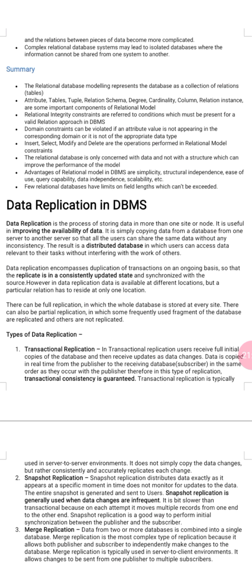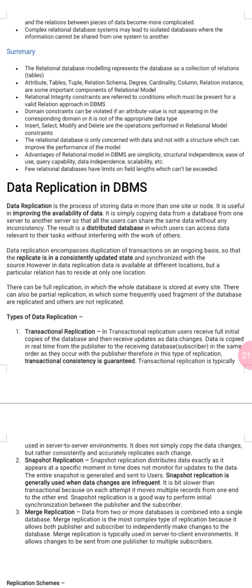The relational integrity constraints are conditions which must be present for a valid relation in DBMS. Domain constraints can be violated if an attribute's value is not appearing in the corresponding domain or it is not of the appropriate data type.